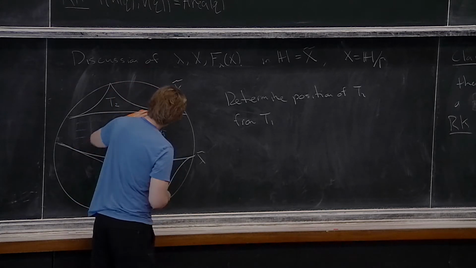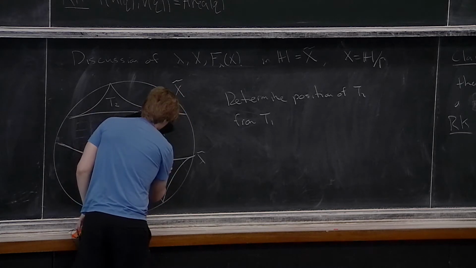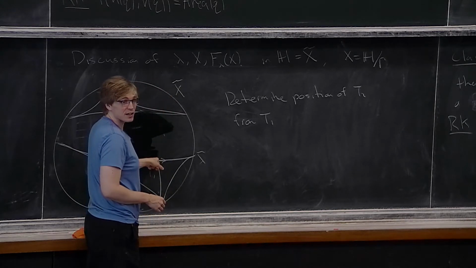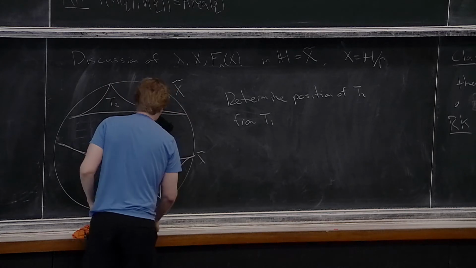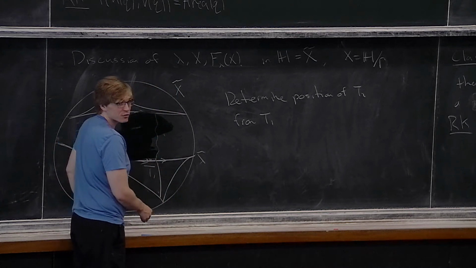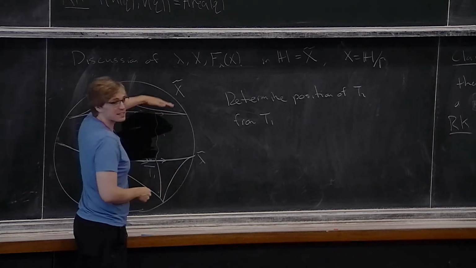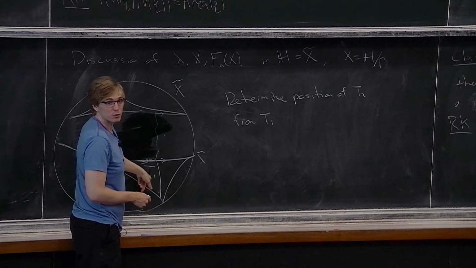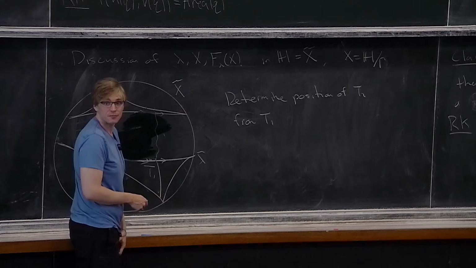Actually, to be more concrete, let me specifically start with the vector at the center of this edge, just because it's the nicest choice. There's a leaf of the transverse foliation through it, and then I'll get to this triangle. You actually can't get to every triangle this way, but suppose that T2 is a triangle that you can reach from T1 by following a leaf of the transverse measure.